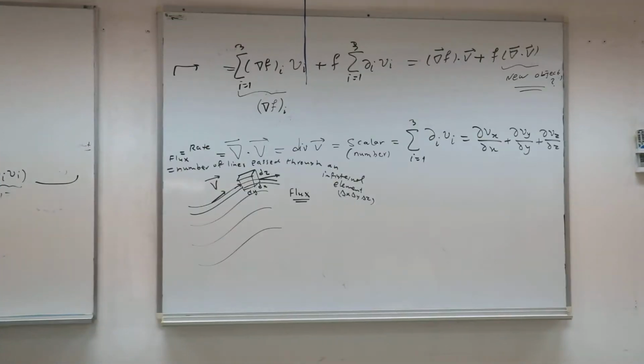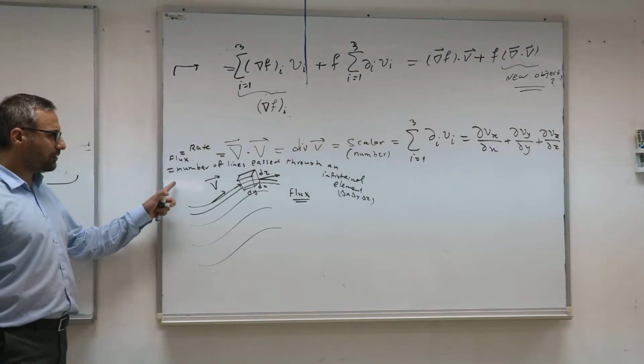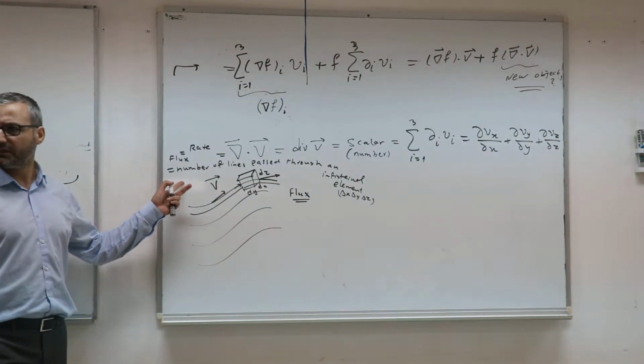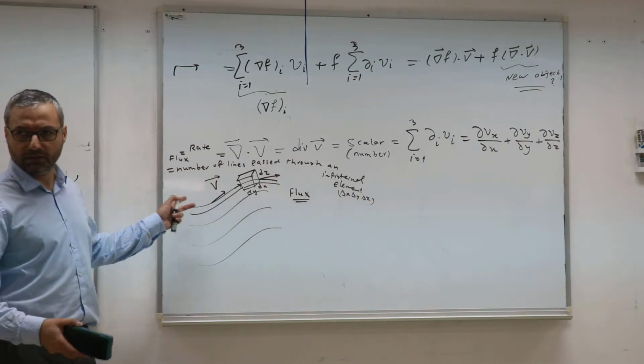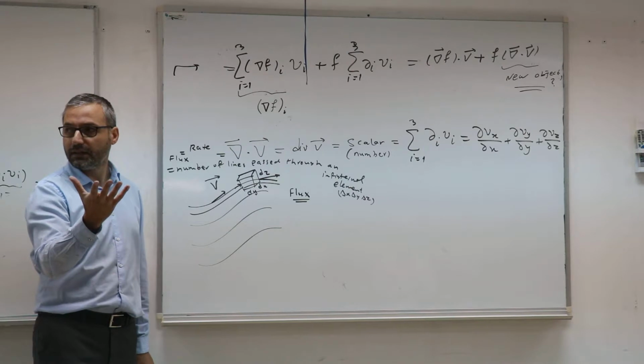Actually, using the basic concept of flux, you need to know what flux is. You can go to chapter 25 of Halliday and Resnick, Fundamentals of Physics. You can find the meaning of flux there. Flux is just the number of electric field lines passing through the surface. That's all.